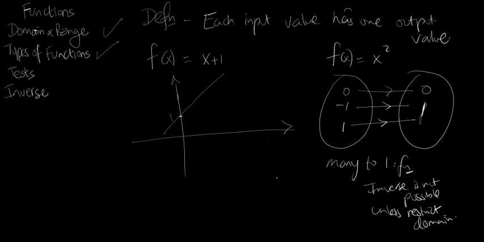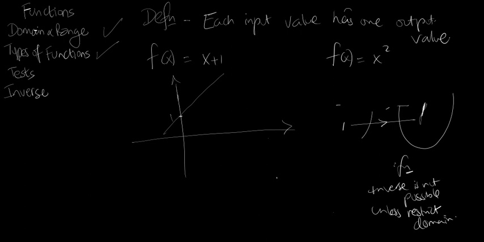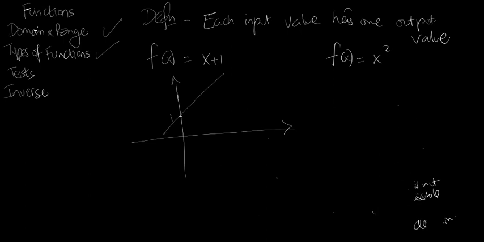Now, if you have a graph and you need to check whether it's a one-to-one function, then we need to do something called the horizontal line test. Like the name suggests, you draw horizontal lines on the graph. So let me just write it here. Horizontal line test.